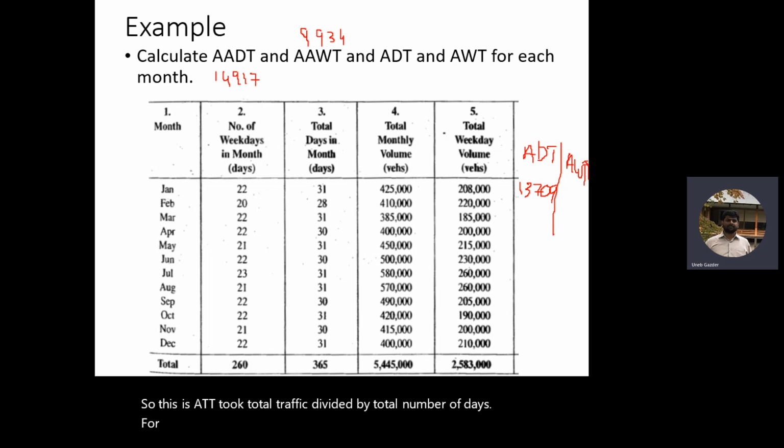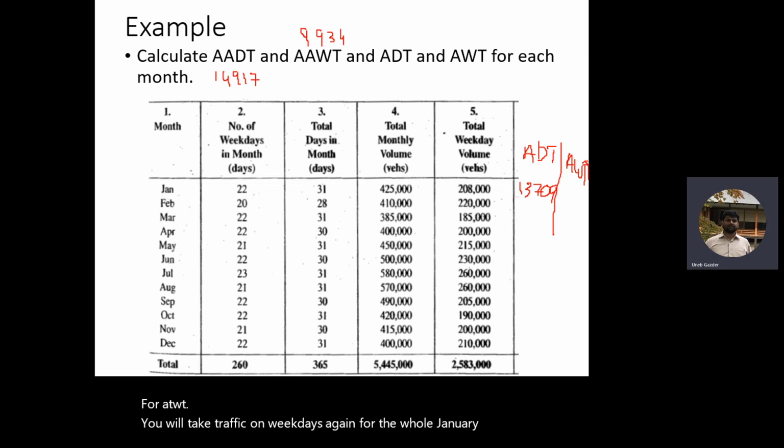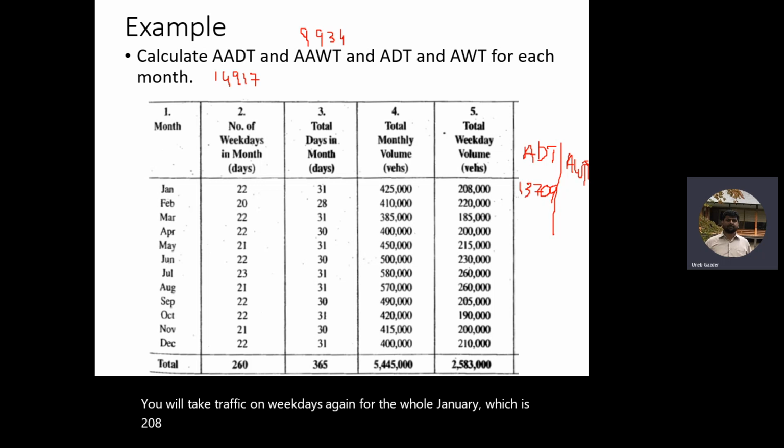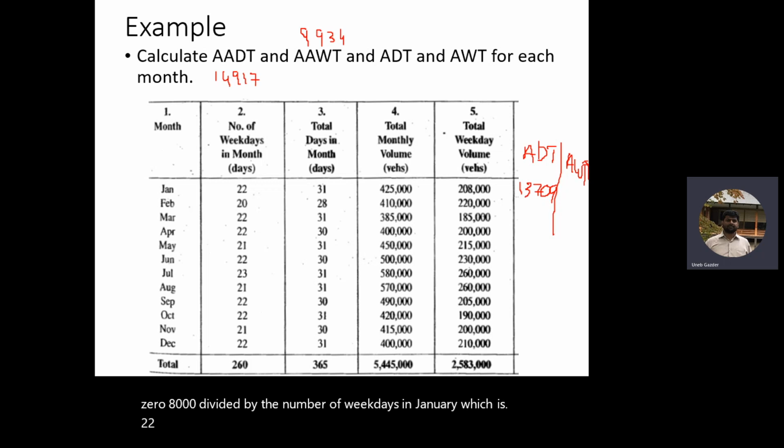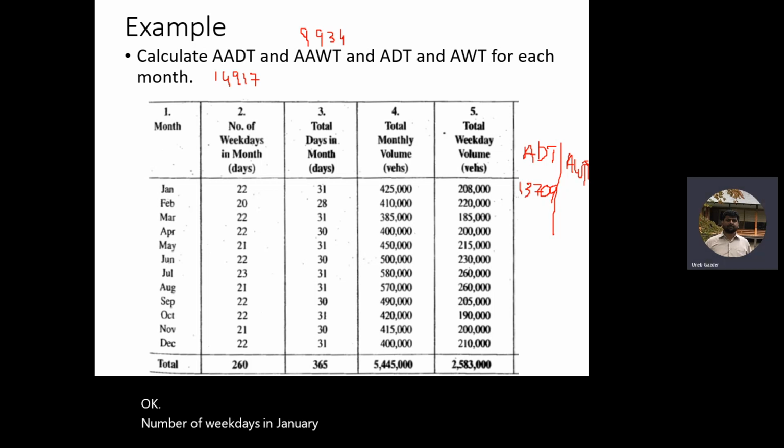For AWT, you will take traffic of weekdays again for the whole January, which is 208,000 divided by the number of weekdays in January, which is 22. So how much is that value?